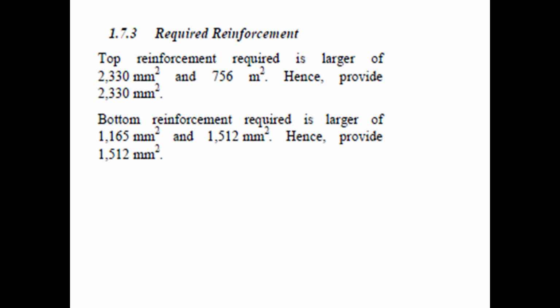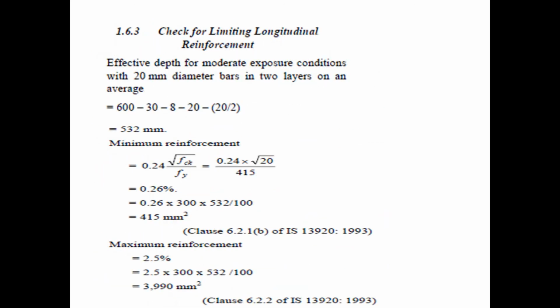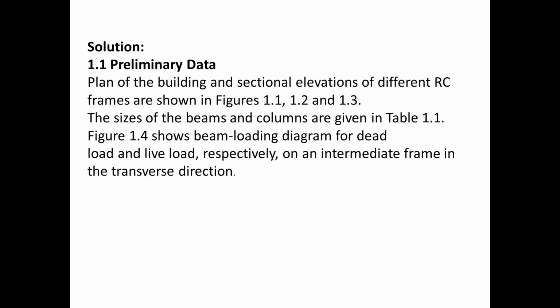So in your examination under unit number 4, you may be asked to solve a numerical based on static analysis of buildings, or this type of numerical, and both will carry 14 marks and you have to solve any one of them. We will see more types of numerical based on the IS 13920 code in our next lecture.